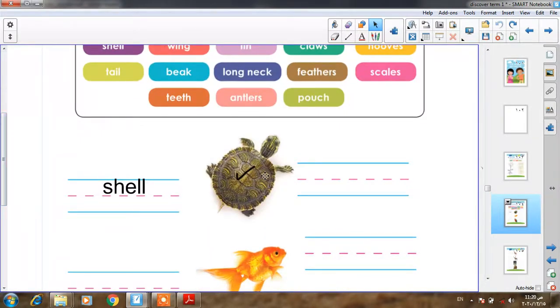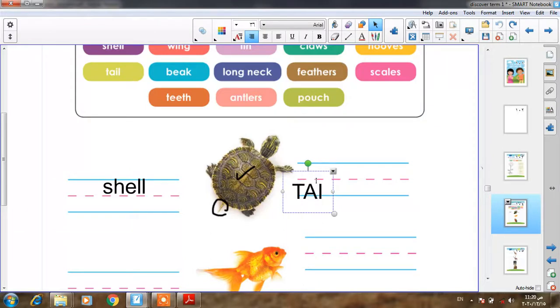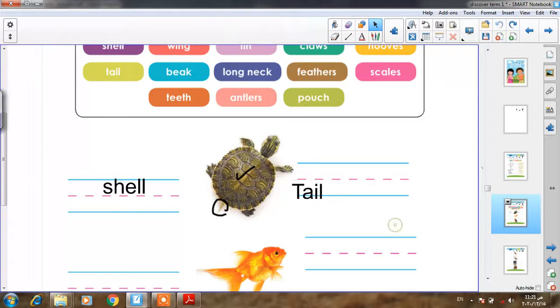Yes, think with me. What else does the turtle have? Can you see the small tail? So the turtle also has a tail, right here. Tail. Okay, so the turtle has a shell and a tail.